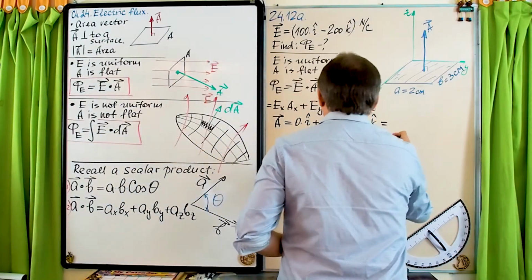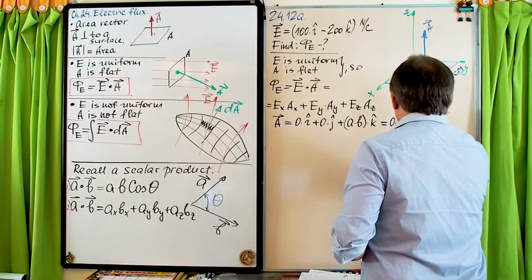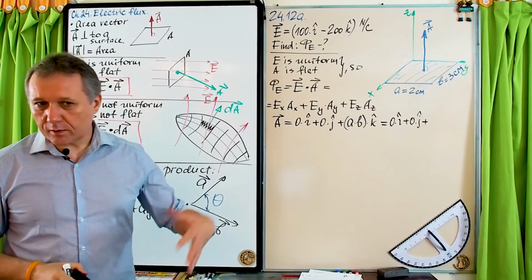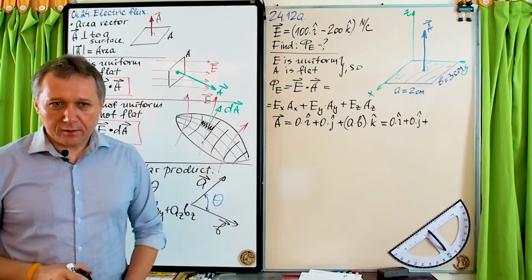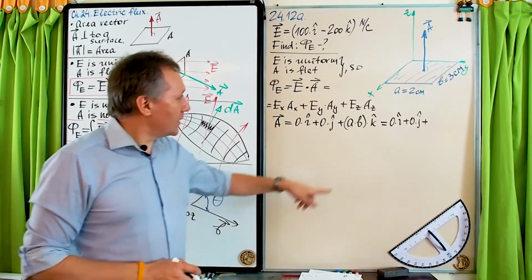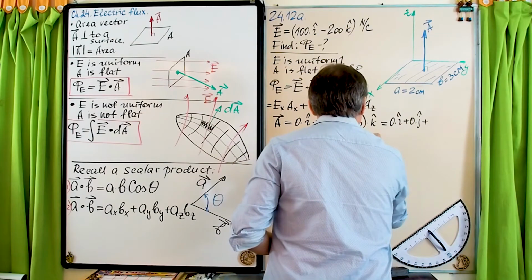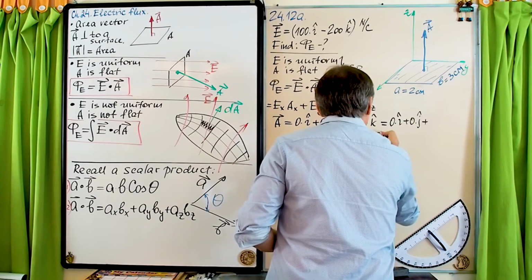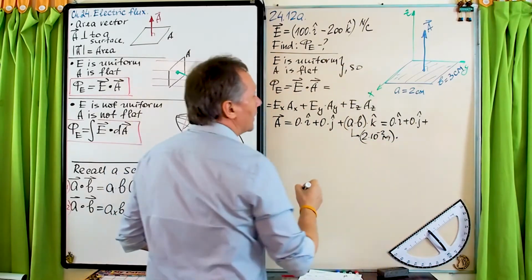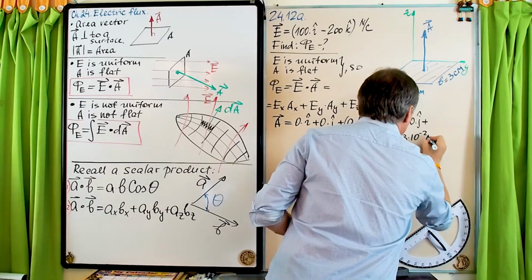Right, okay, now let's calculate. Let me rewrite it quickly. And again, don't forget to convert to meters. Don't create crazy units, which are difficult to use and difficult to digest. So 2 times 10 to the power of minus 2 meters times 3 times 10 to the power of minus 2 meters.